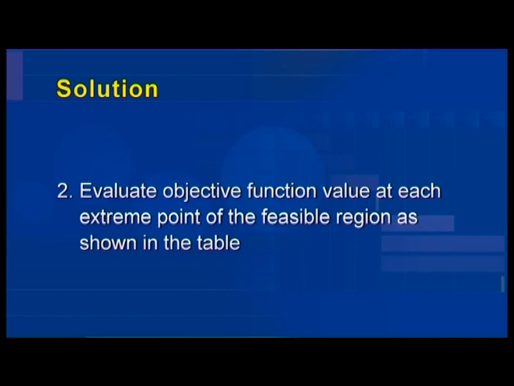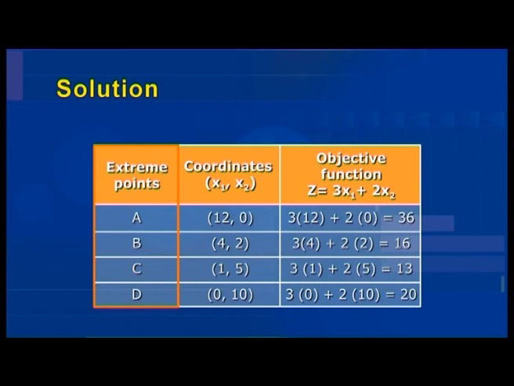Step 3. Evaluate the objective function value at each extreme point of the feasible region as shown in the table. The first column is the extreme points A, B, C, D, and the second column is the coordinates x1, x2, which are (12, 0), (4, 2), (1, 5), and (0, 10).